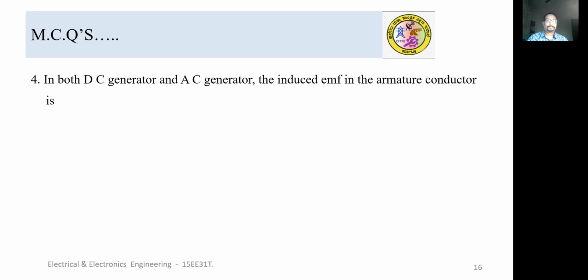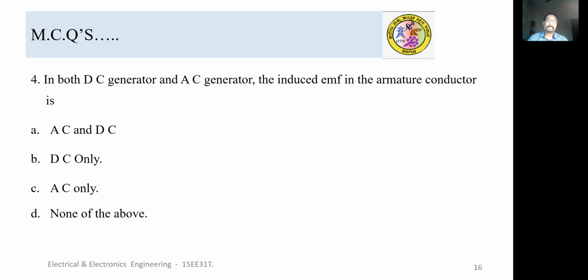The next MCQ: in both alternator and DC generator, what is the type of induced EMF in the armature conductors? The options are AC, DC, both, or none of the above.